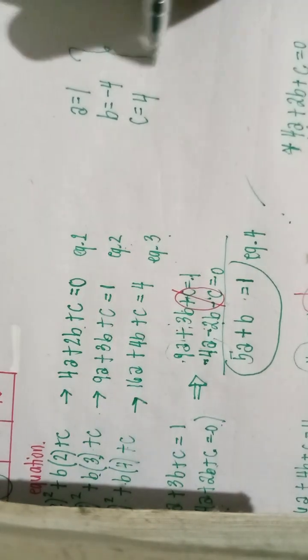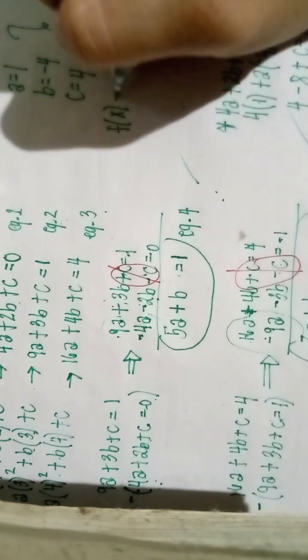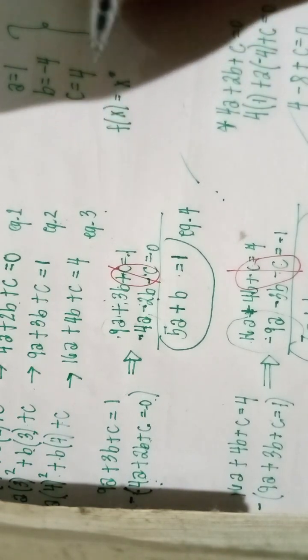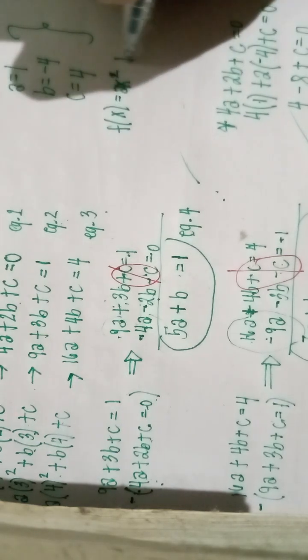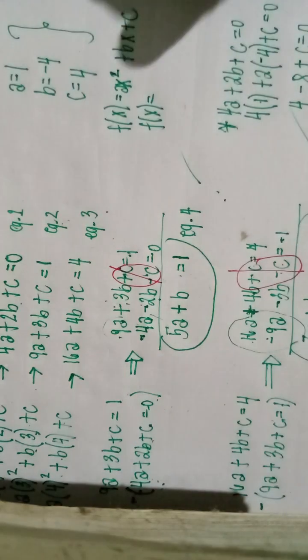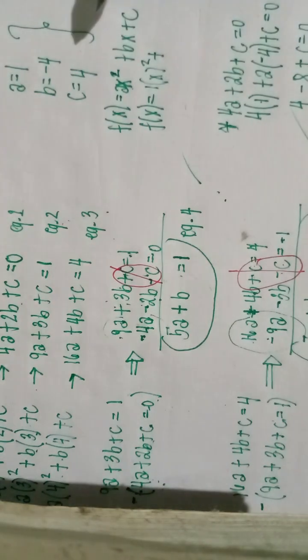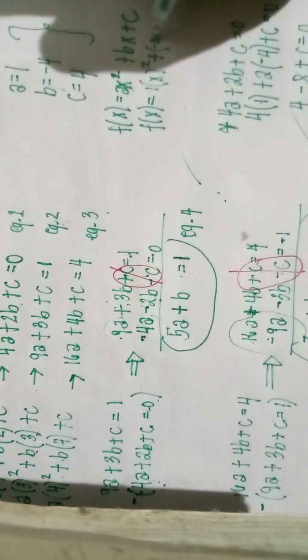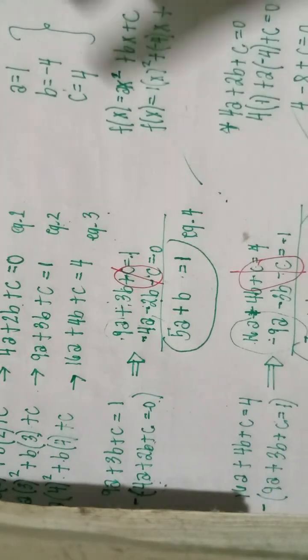Now that the 3 variables are present, substitute them into the standard form of the quadratic function, ax squared plus bx plus c. So, we have f of x equals, substitute the value of a, which is 1 times x squared, plus b as negative 4 times x, then plus c, which is 4.